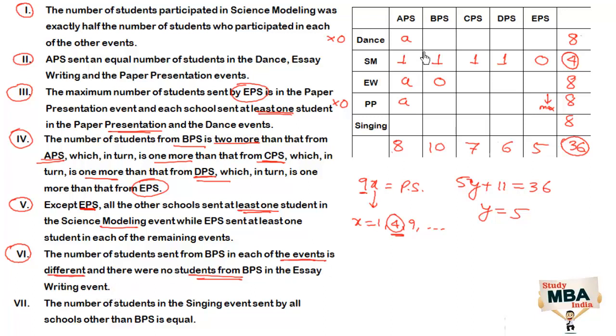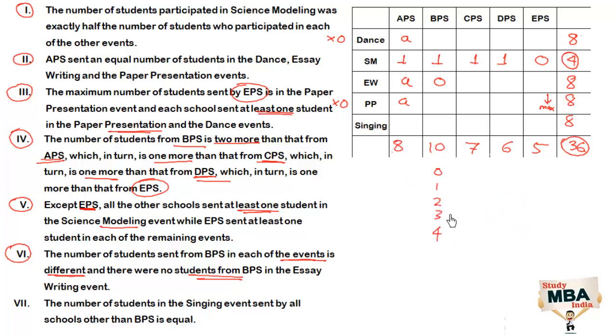So we can say that in these cells all the values have to be different and the total has to be 10, right? So it is quite simple to understand that the values have to be 0, 1, 2, 3 and 4. These are the only possibilities wherein all these 5 numbers are different and the sum will be 10. So we have already filled 0 and 1. So we have to fill 2, 3 and 4 in the rest of the 3 cells.